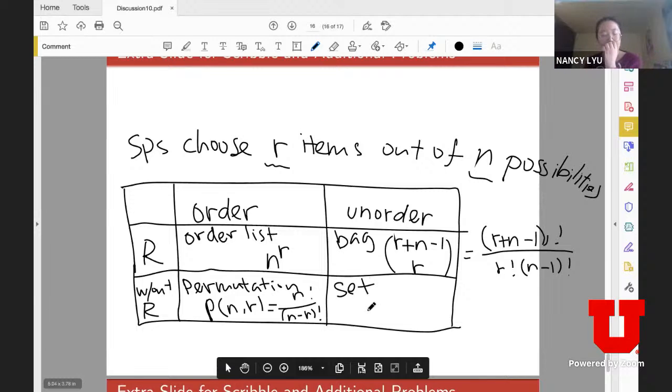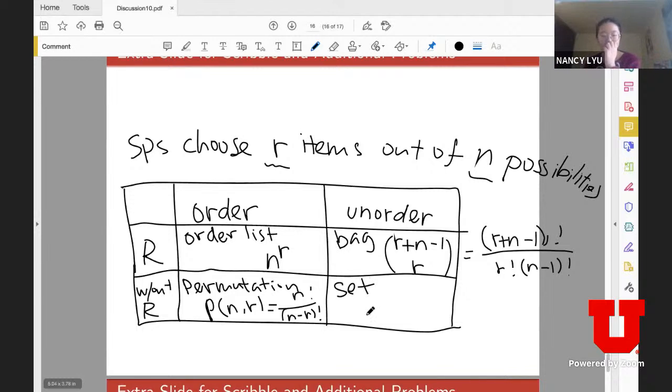And what about the set? Anyone know? Combination, so C of N and R. Yep.